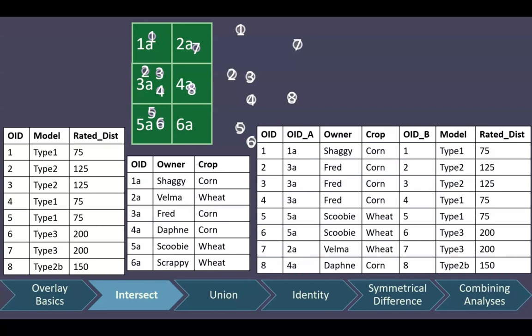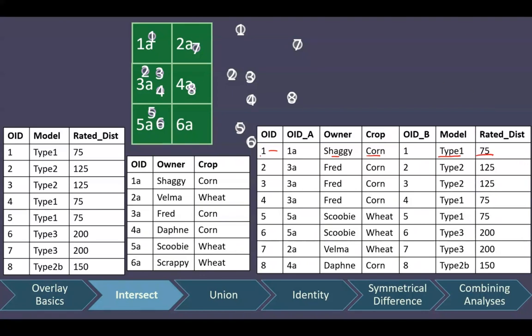So this output here represents the overlap of the first sprinkler, which is the type 1 with a rated distance of 75, overlapped with the first farm, which is owned by Shaggy and growing corn. And if we look at the output, that's exactly what we have here. We have owned by Shaggy, growing corn. It's also the first sprinkler, which means it's a type 1 model rated for a distance of 75.